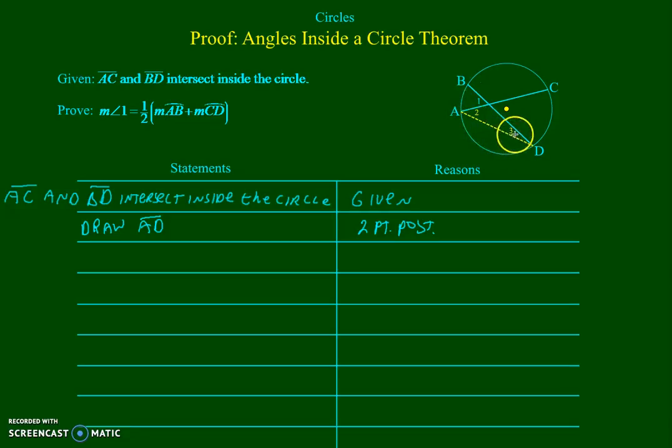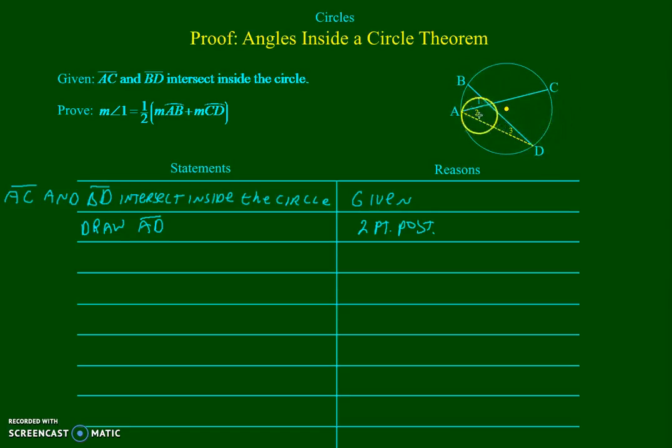So we know that the measure of angle 3 is going to be 1/2 AB, the measure of angle 2 is 1/2 CD, and because angle 1 is exterior to this triangle, you know that the measure of angle 1 is the measure of angle 2 plus 3. And thereby we can create a relationship between angle 1, 2, 3, and ultimately these two arcs.